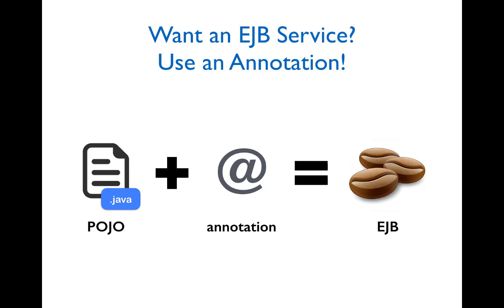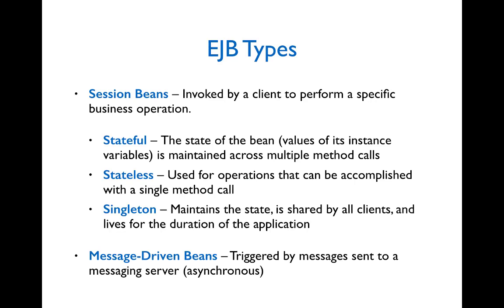This slide is just a reminder of the way that enterprise Java Beans work. They are plain old Java objects that you can add special services to by using annotations. There are two main EJB types, session beans and message-driven beans.